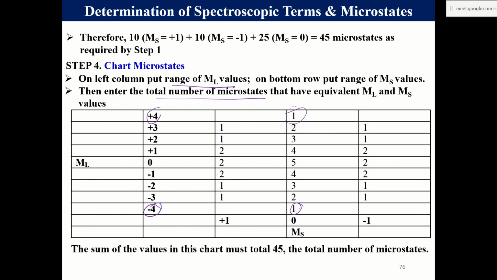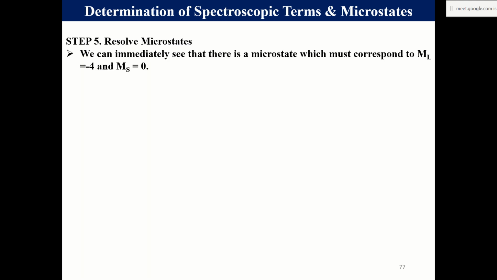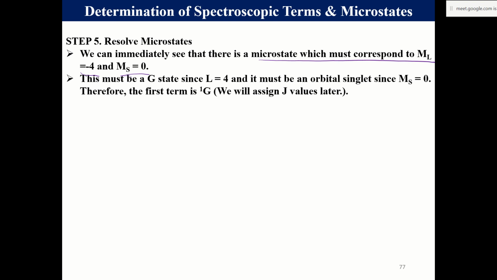So now if you start charting out, we can resolve the microstates. We can immediately consider this minus 4, ms 0. Then ml plus 4 or minus 4 is possible only when capital L is 4. So it must correspond to a G state, and orbital singlet. So an orbital must be in a singlet state, ms 0.